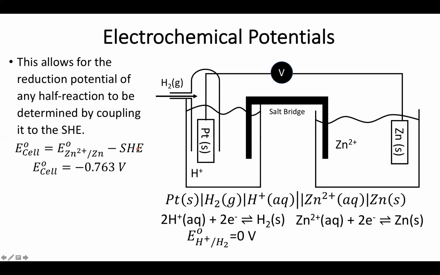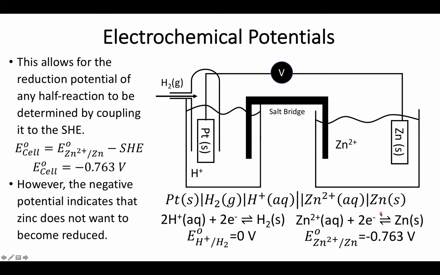So ta-da, that means that my E cell equals the potential of the zinc, and this is how you can directly measure the voltage. So if you set up one of these standard reference cells where you compare whatever the species of interest is against the standard hydrogen electrode, the potential of the cell is the potential of the reduction reaction occurring at the cathode.